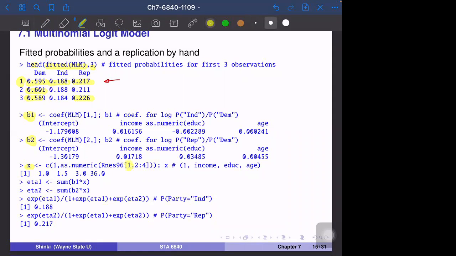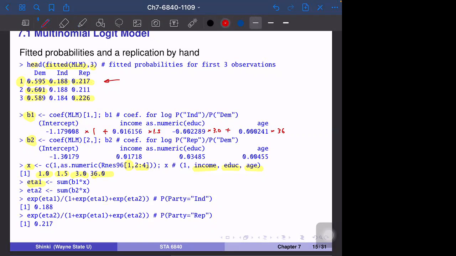For the first line we have income, education level, and age. We multiply the coefficient by 1, by 1.5, by 3.0, and by 36, and then we get the so-called eta.